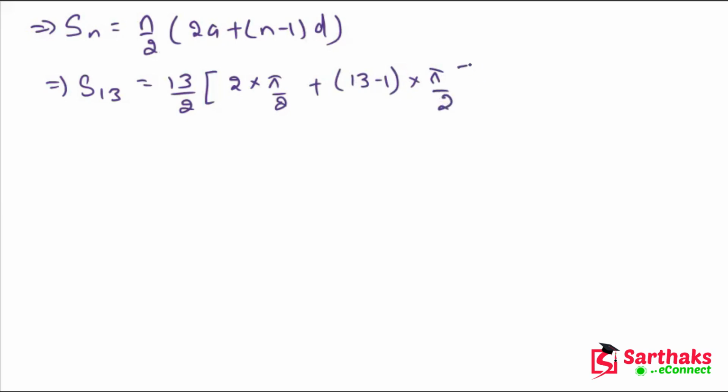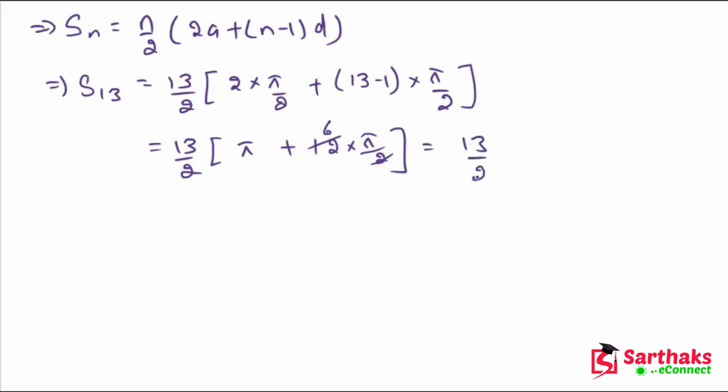Now 13 upon 2, here is pi plus 12 into pi by 2. This will be cancelled 6 times. Now we get 13 upon 2, here is 6 pi and pi means 7 pi.